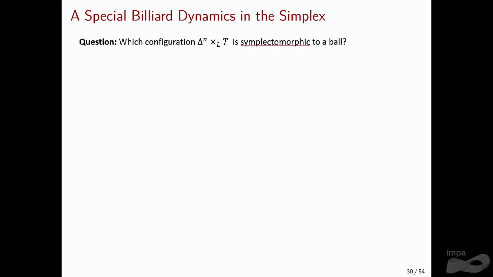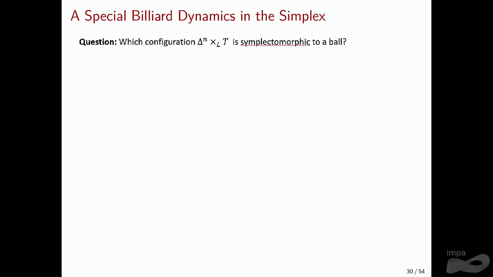We take only Lagrangian products, but we force one of the domains. You can think about this as the billiard table. So the billiard table is the simplex. We take the simplex with some geometry, and we want to know when this configuration is a symplectic ball.